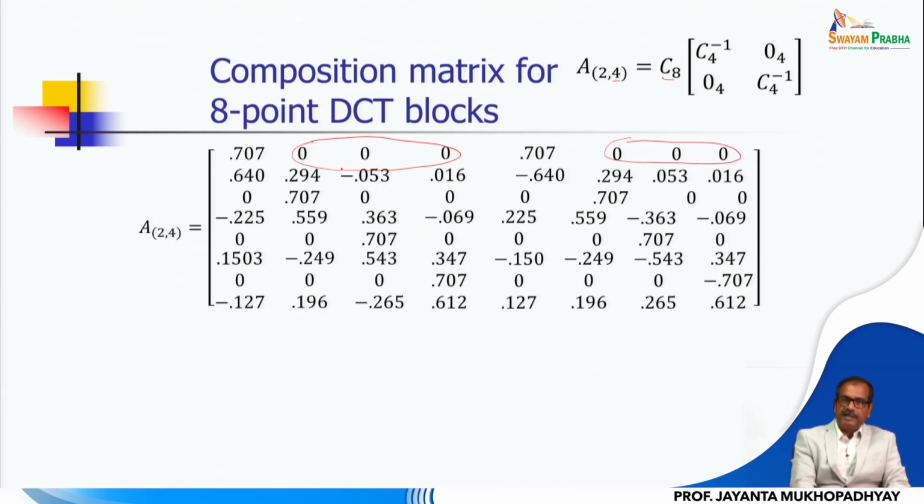We don't have to multiply anything, we can simply ignore those multiplications. Similarly for addition, it will reduce the number of additions because you have only a few elements there. In this way the number of multiplications and additions can be reduced if I perform these operations directly with this matrix.